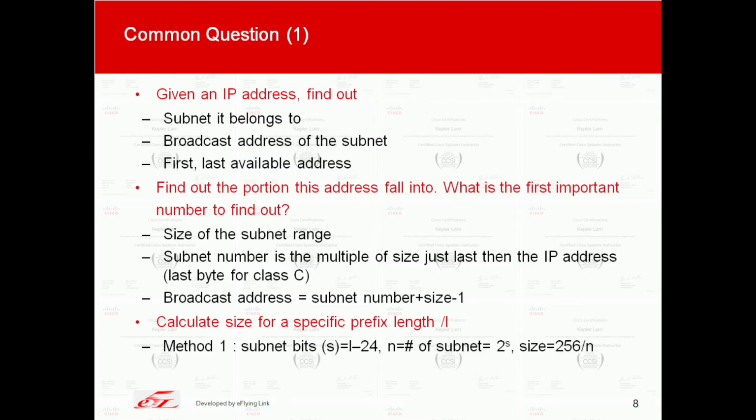Say for example, for /27, the number of subnet bits is 27 minus 24, that is 3 bits, and then 2 to the power of 3, you get 8. This is 8 different subnets. And then use 256 divided by 8. Then you get the size of 32.